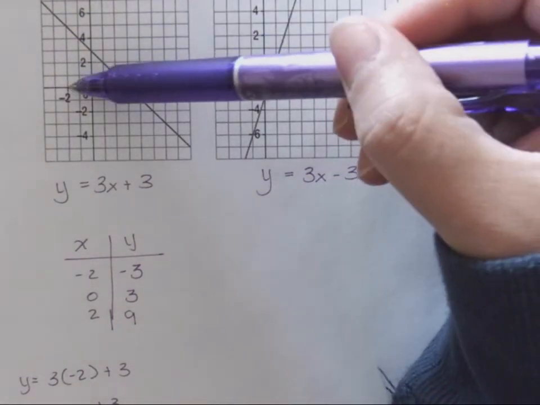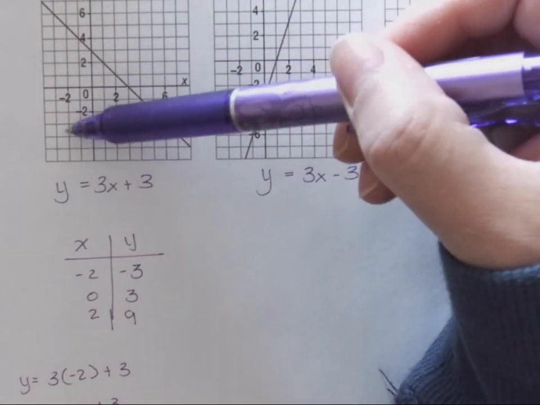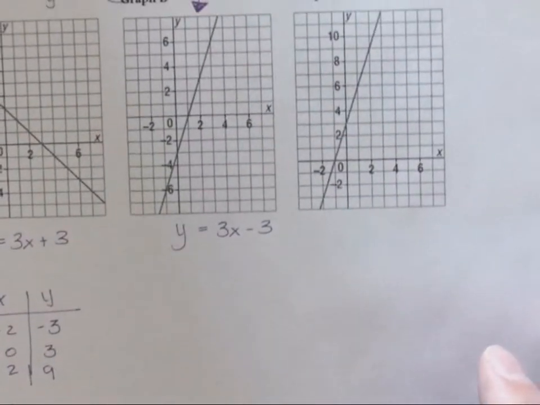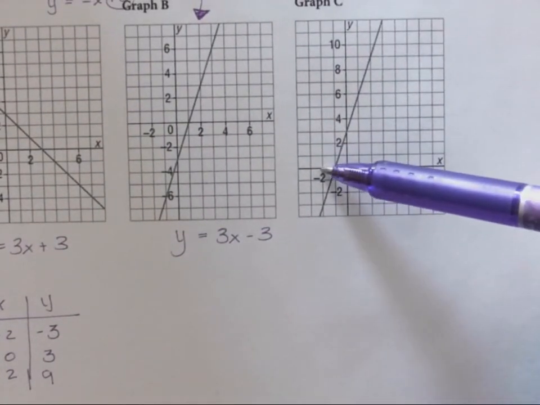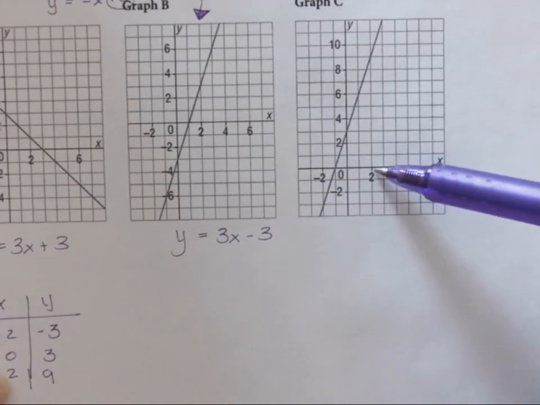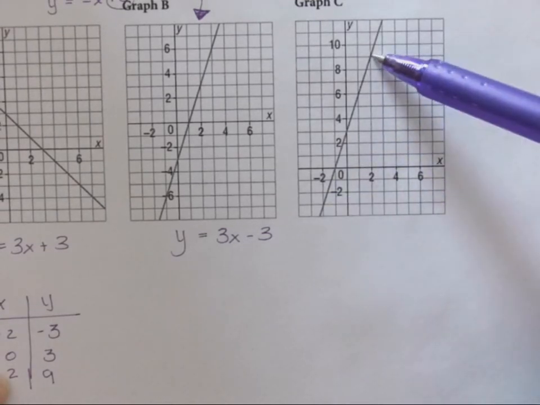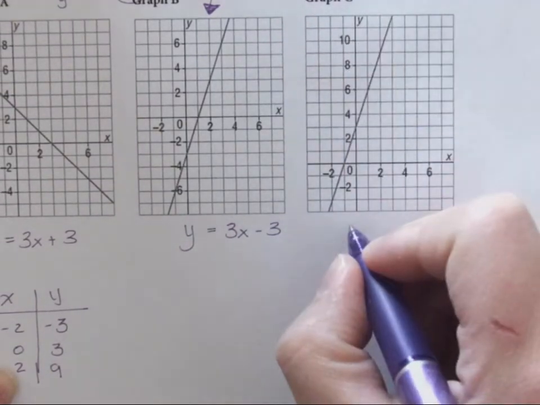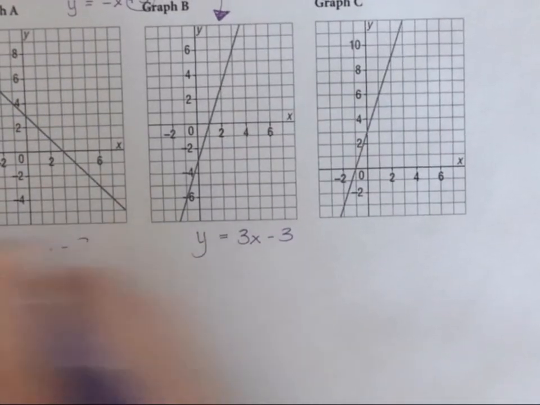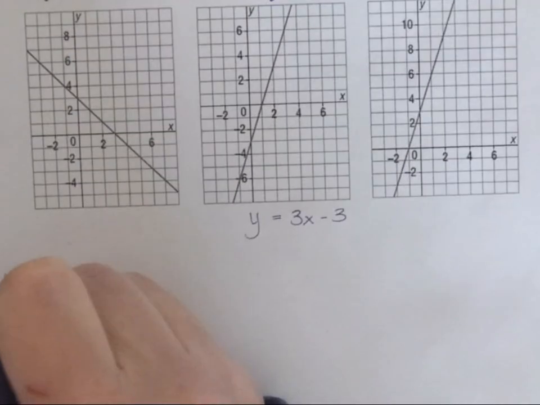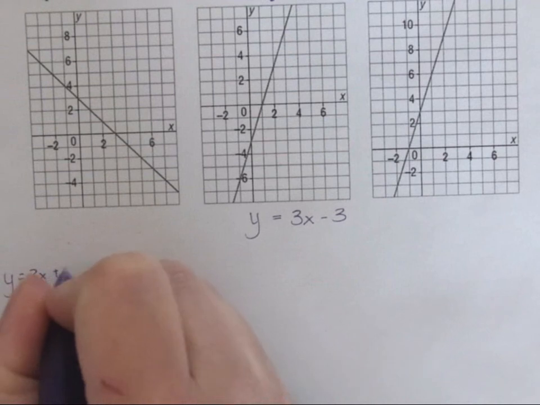So if I look at negative 2, I should be at negative 3. So this graph definitely isn't it. So let's go check out my graph C. So at negative 2, I'm at negative 3. And let's just double check the 2 points. So at 2, I should be at 9. Aha, already done. So we know that graph C is, sorry, that shouldn't be there. Put this down here, y equals 3x plus 3.